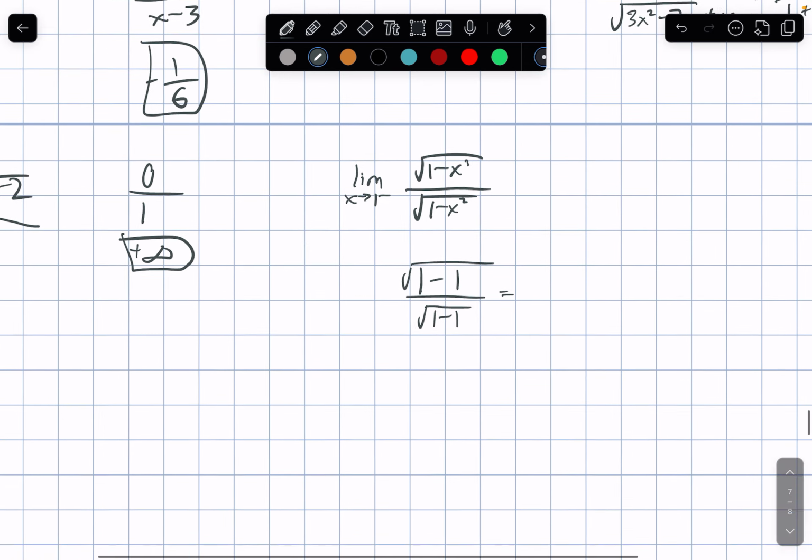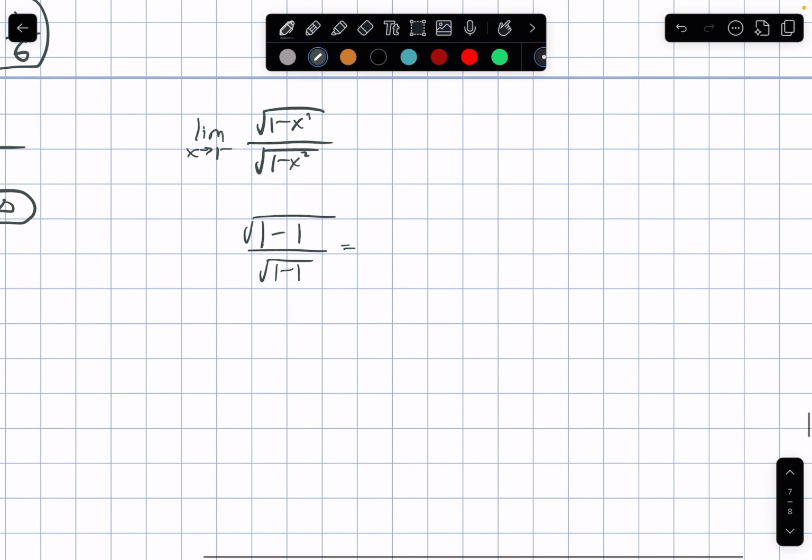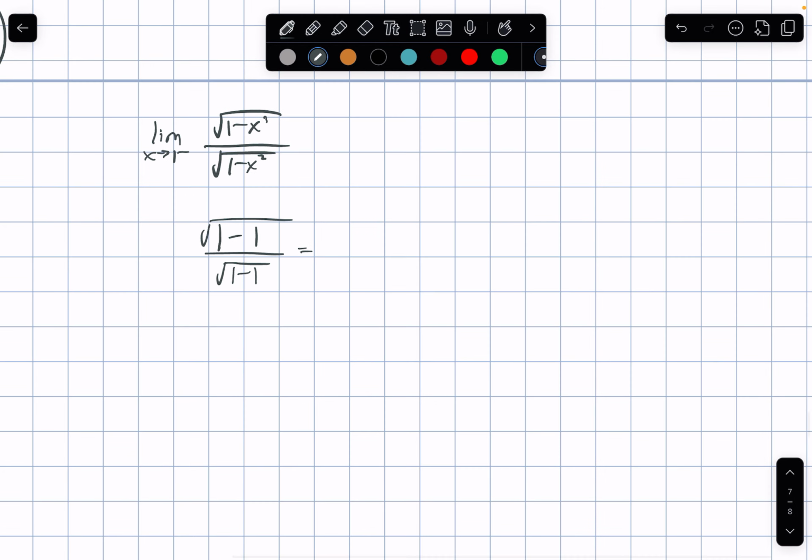Okay. Clearly, we cannot directly substitute. So, let's try L'Hopital's. 1 over 2, 1 minus x raised to 3 raised to negative 2 times the derivative of what's inside the radical sign. So, that.